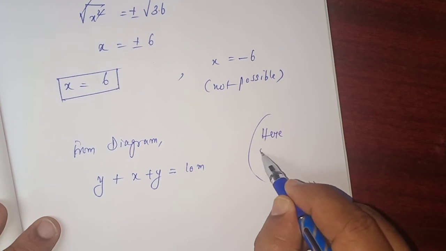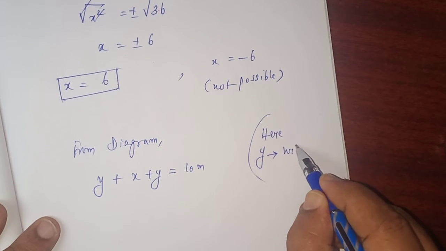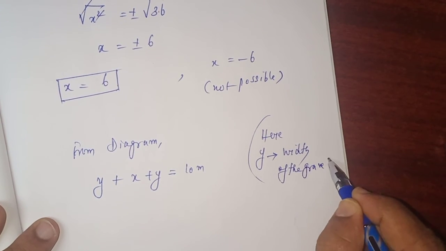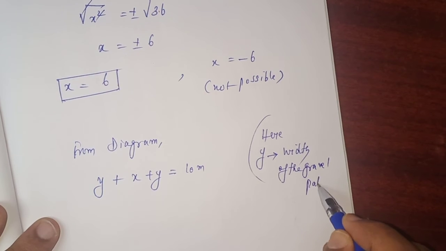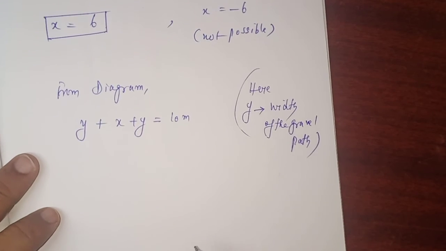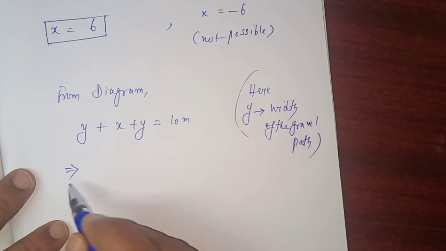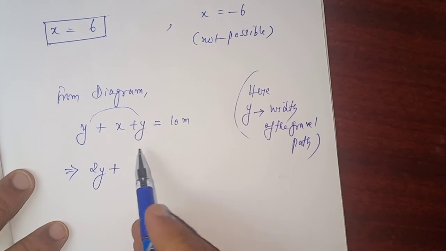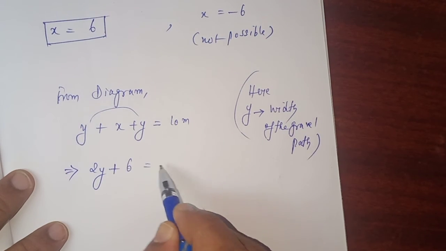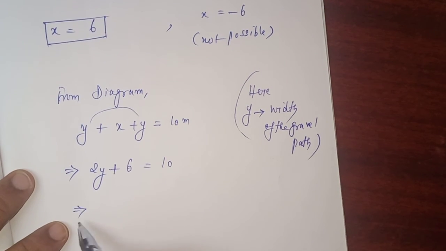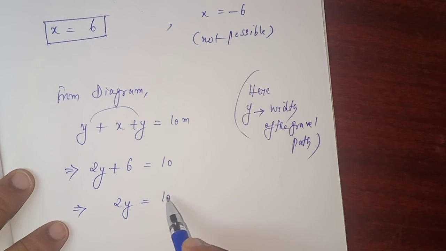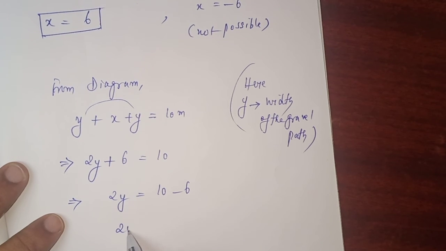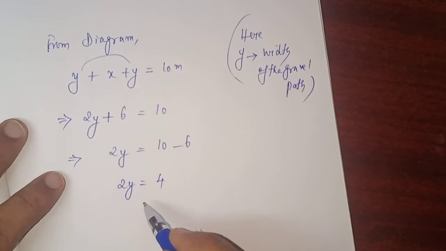y plus x plus y is equal to 10 meters. Here y represents the width of the gravel path, which implies y plus y, that is 2y, plus x value is 6, equals 10, which implies 2y equals 10 minus 6, since plus 6 goes to the right hand side as minus 6. 2y equals 10 minus 6, which is 4.